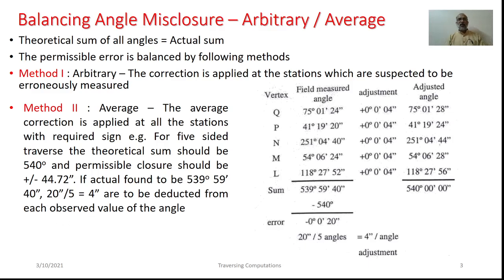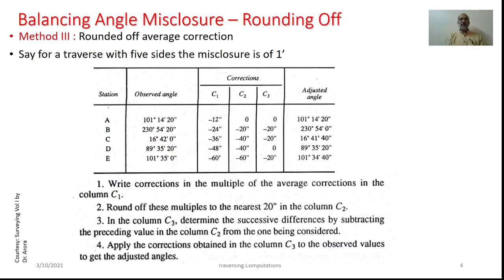So this is one of the lacunae for this particular method. In order to avoid that, we can go for this rounded off average correction. So, say for a traverse with 5 sides, the misclosure is of 1 minute.